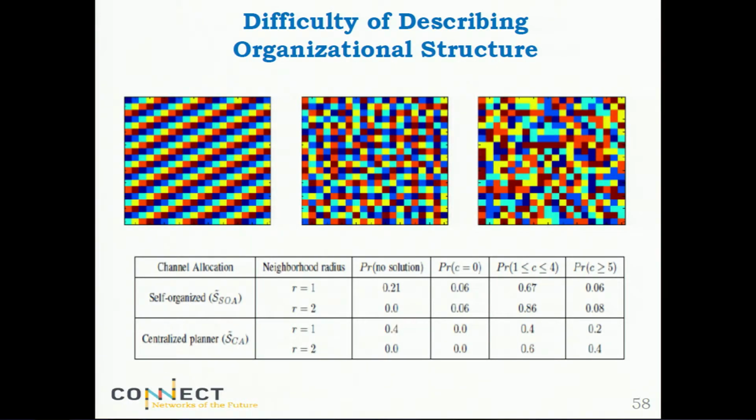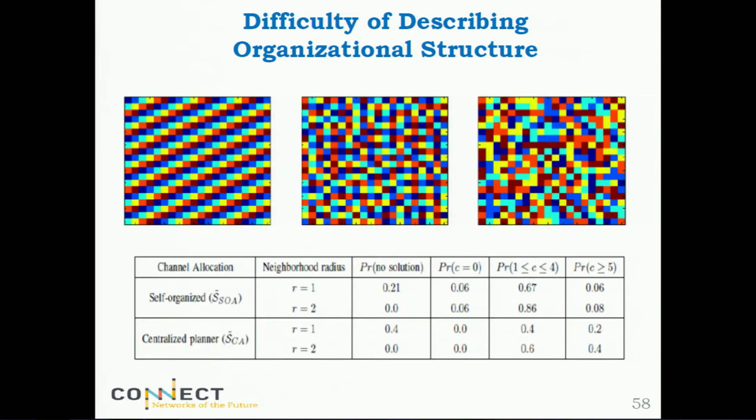Another thing we did, you limit the changes to a certain area because you don't want an avalanche of effects. So you say, okay, I allow maybe the 2 outer tiers to do something. So I change my channel maybe at some point, and then I see what the system does. If I allow the system only to change in the 2 outer tiers, I'm not going to allow all the networks to change. That would be too much.